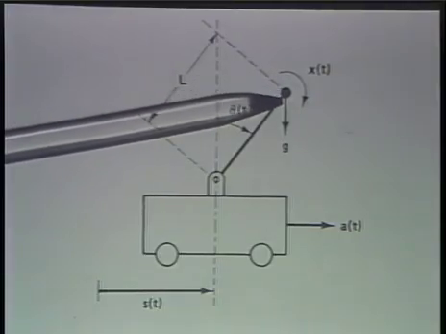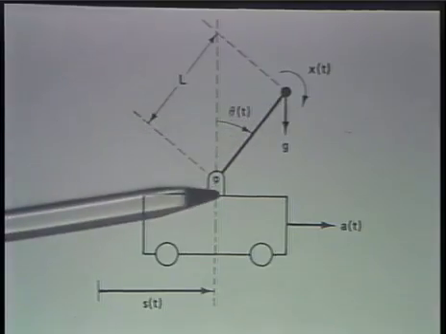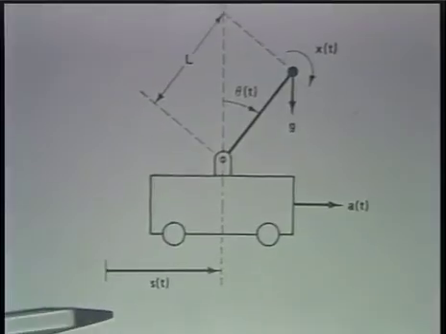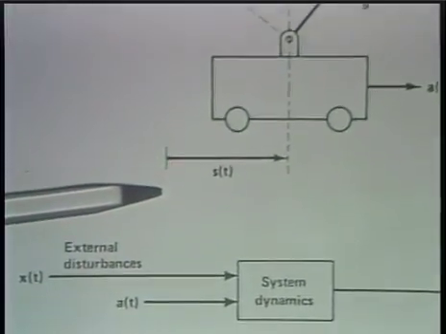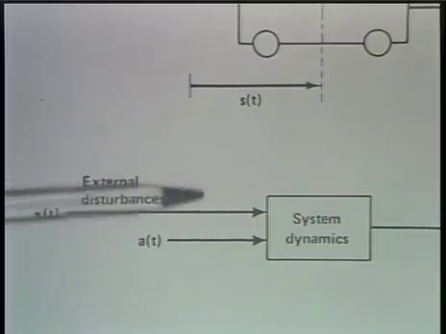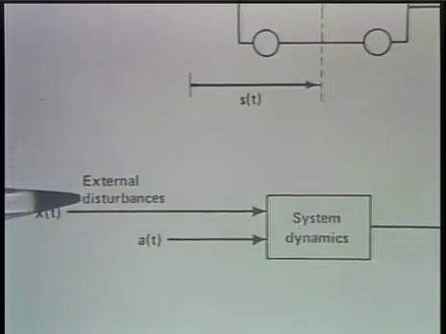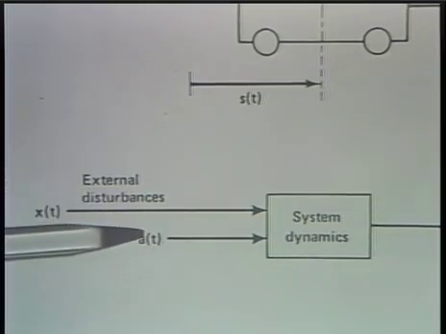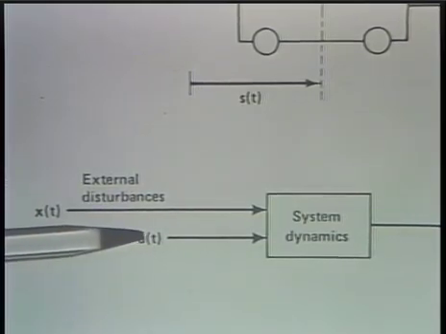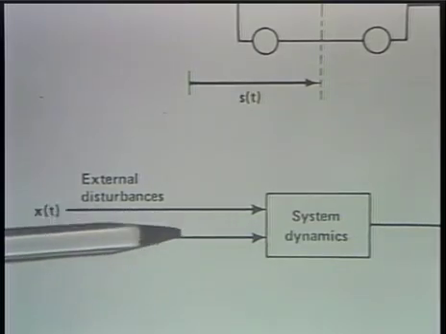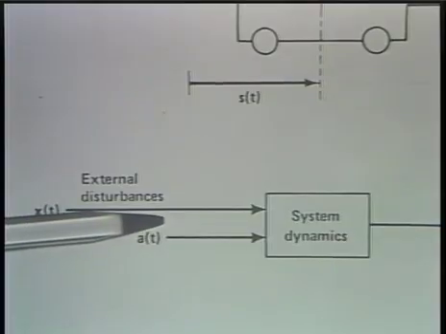So if we look at the system then, as I've indicated it here, basically we have two inputs. We have an input which are the external disturbances, which we can assume that we have no control over. And then there is the acceleration that's applied to the cart externally, or in the case of balancing my son's horse, it's the movement of my hand.